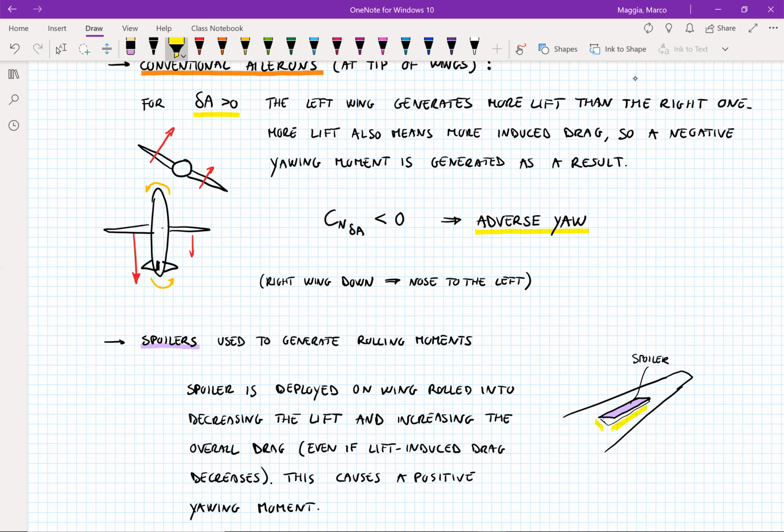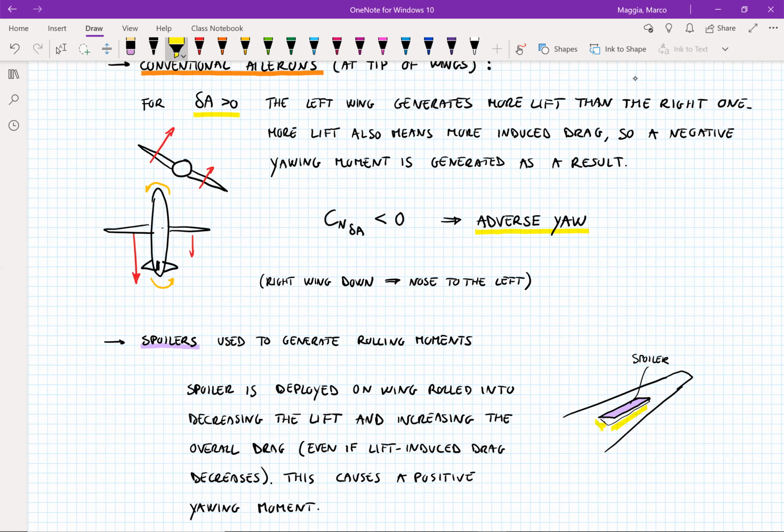And the way you generate a rolling moment is to deploy the spoiler on the wing that you're rolling into. So let's say you want to roll to the right, then you deploy the spoiler on the right wing. And what happens is that you decrease the lift on the right wing, so you start rolling towards the right.